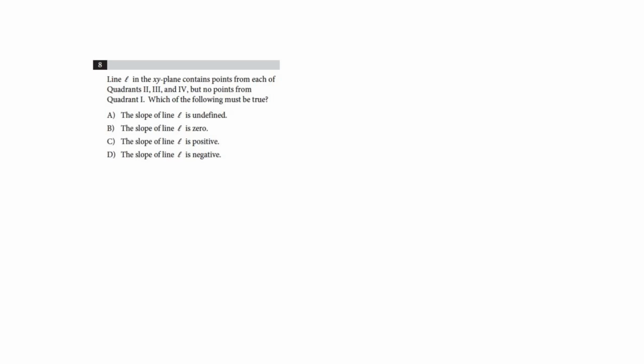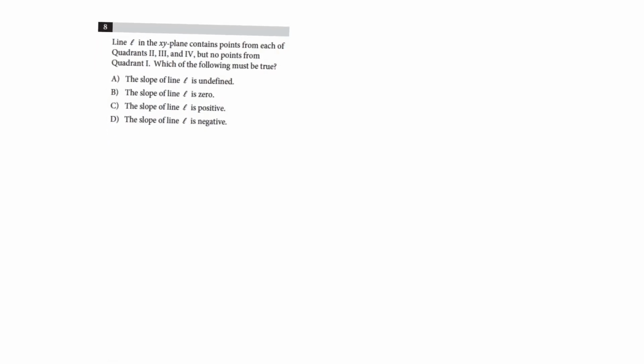Alright, what do we got here? Line L in the XY plane contains points from each of the quadrants 2, 3, and 4, but no points from quadrant 1. Which of the following must be true? Okay, well, let's draw a sketch.